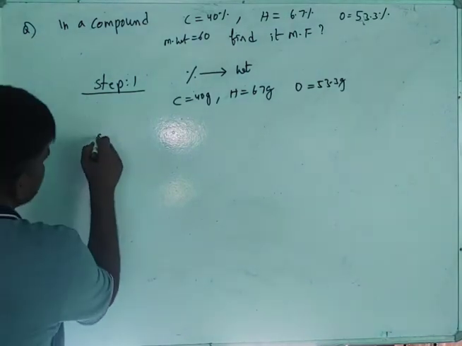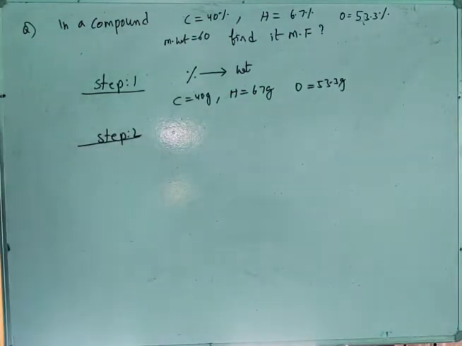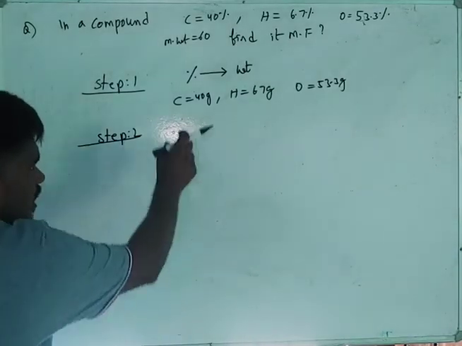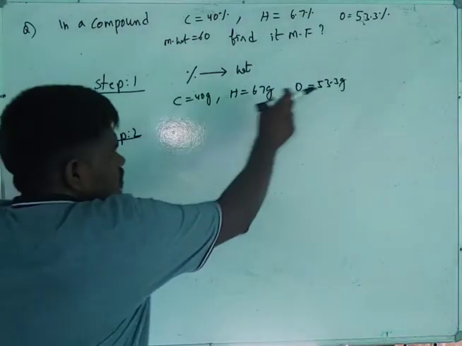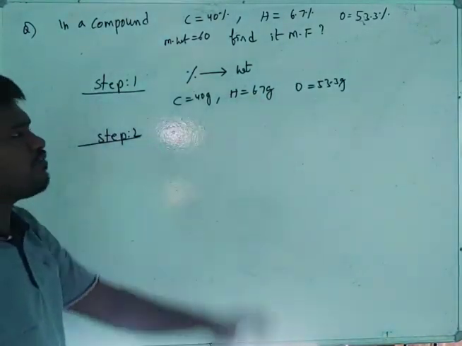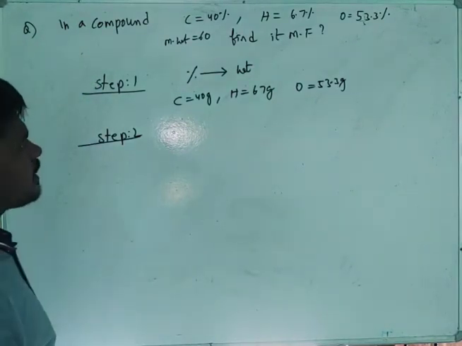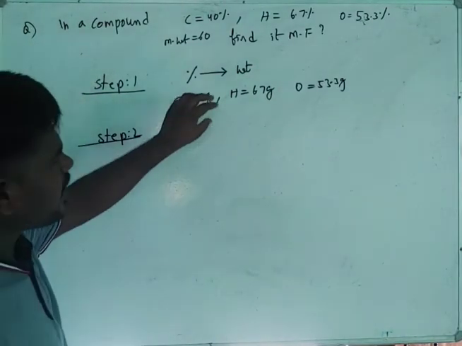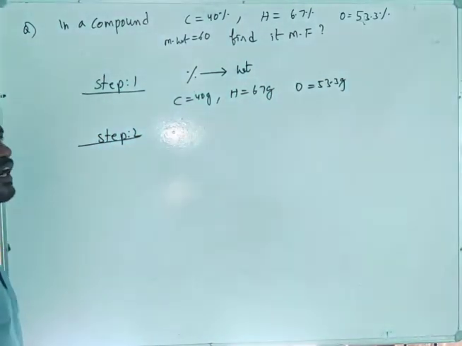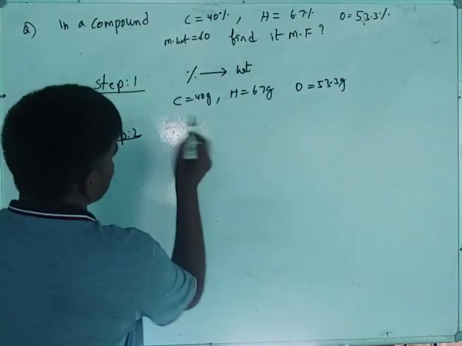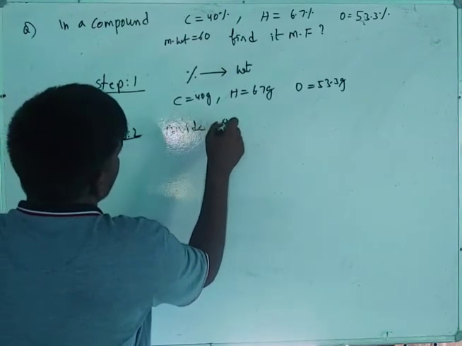And the next, step 2. In step 2 guys, based on the percentages we have derived the weights of the elements present in the compound. Next we need to divide these weights by their atomic weight, or molar weight, in order to get the number of moles.